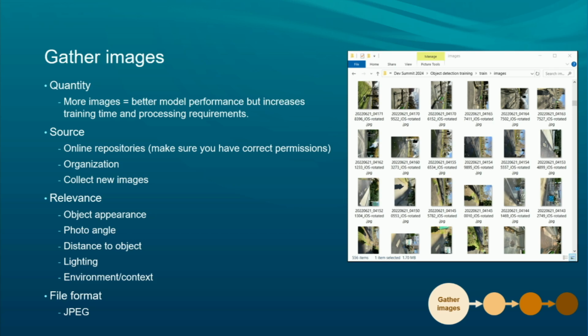This is a really good source for training data because there are no licensing issues, and the photos are often very relevant to the workflow that you might be using your model in. And then, of course, you always have the option to go out and collect new photos of the objects that you want to train the model on.